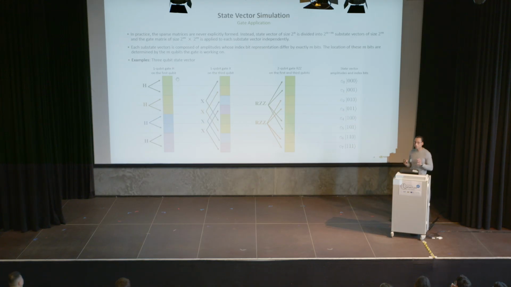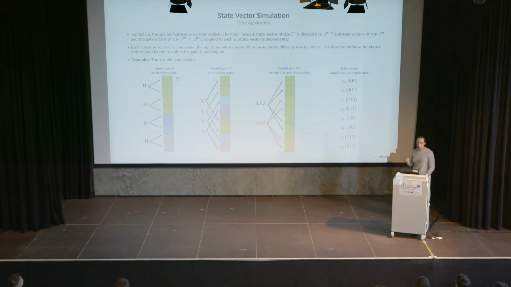Generally, when we are applying an m-qubit gate, then the matrix will be a 2^m times 2^m matrix, and the subvectors will be vectors with 2^m elements. So the dimensions match, and we will have 2^(n-m) of those subvectors.